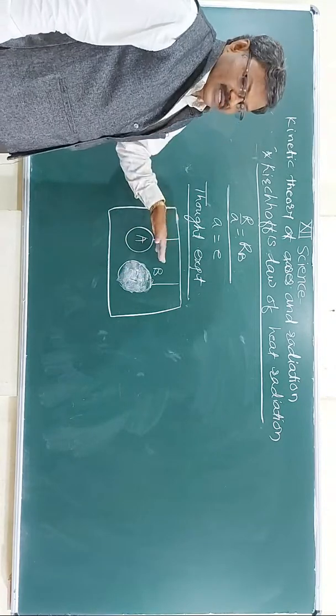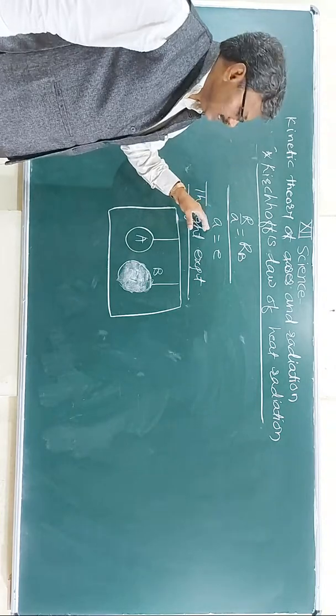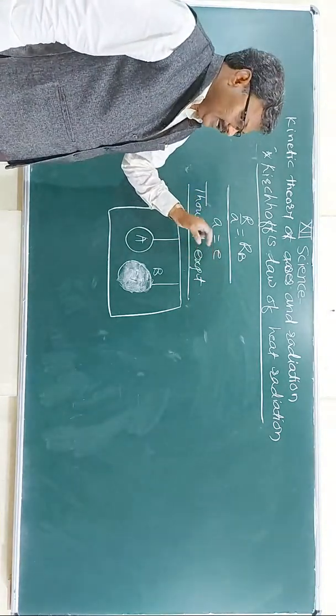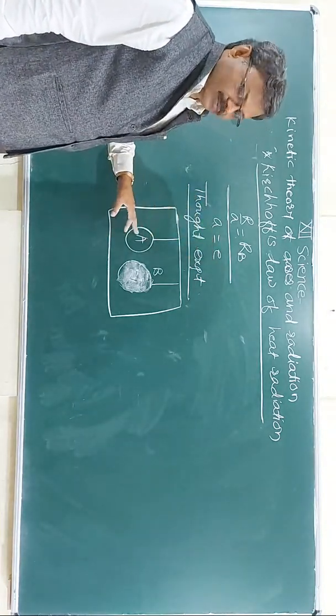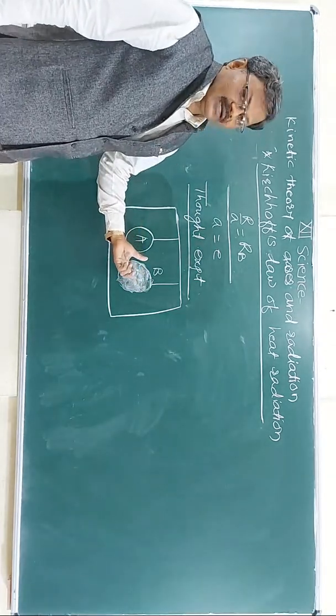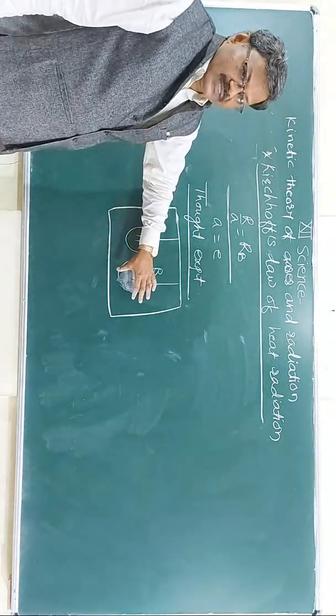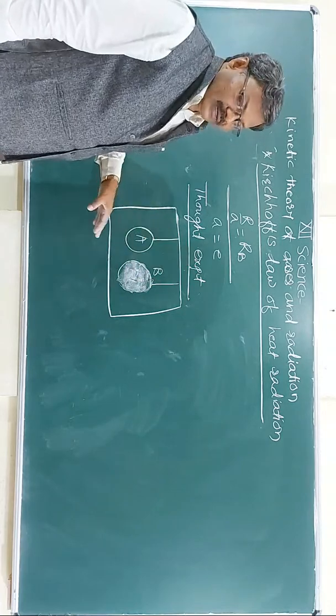In this case, we are finding the relation A is equal to E. In the thought experiment, there are two bodies with the same area. These are identical bodies, meaning they are identical in geometrical shape.